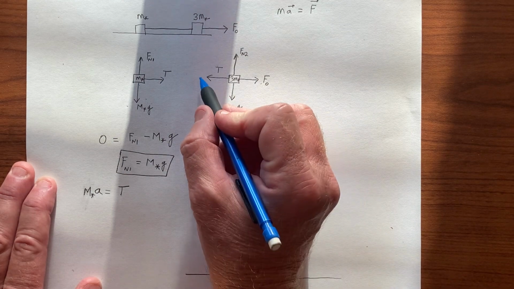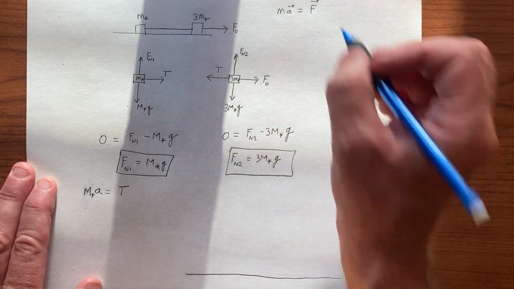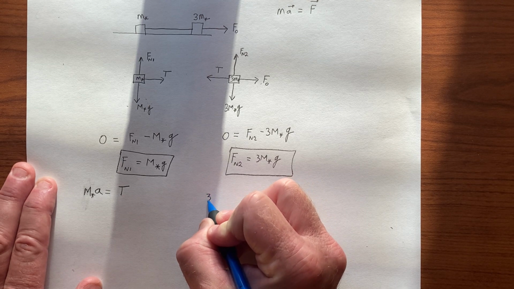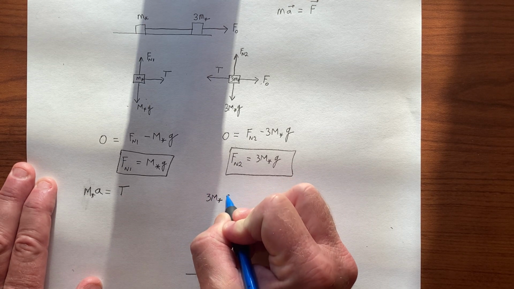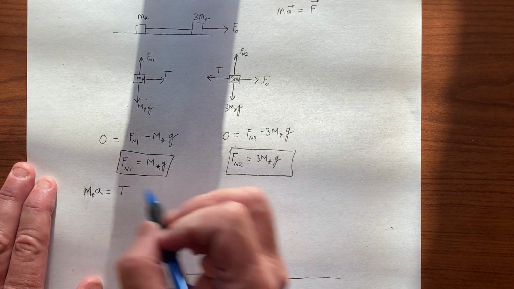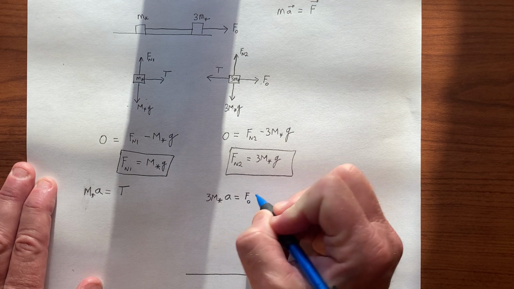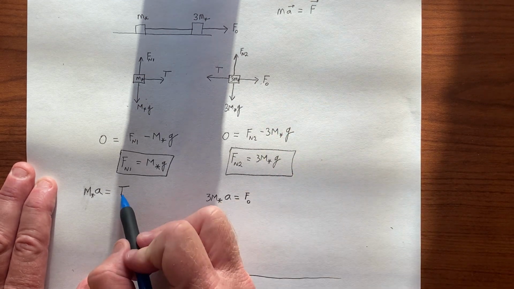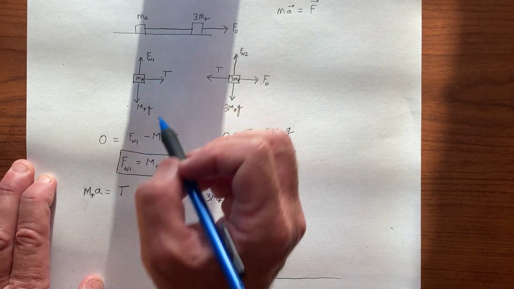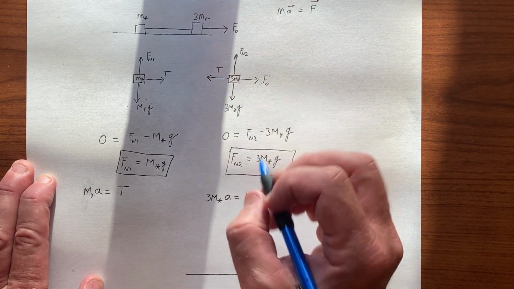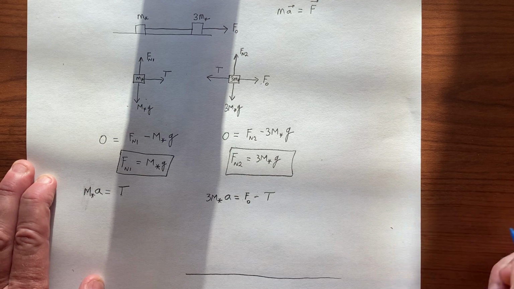And the horizontal component of MA equals F on this object says that 3m star times the same unknown acceleration A is equal to the sum of the forces, which is F naught. Right, we came in with a tension, so to the right is positive, and so we need this one to be positive, but the tension force comes in as negative here.